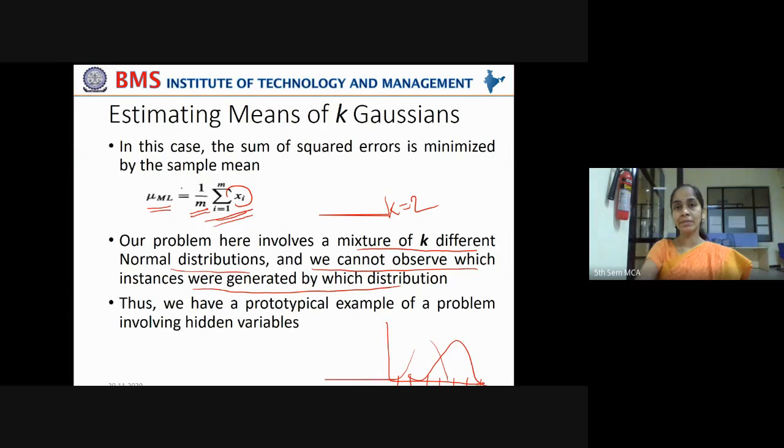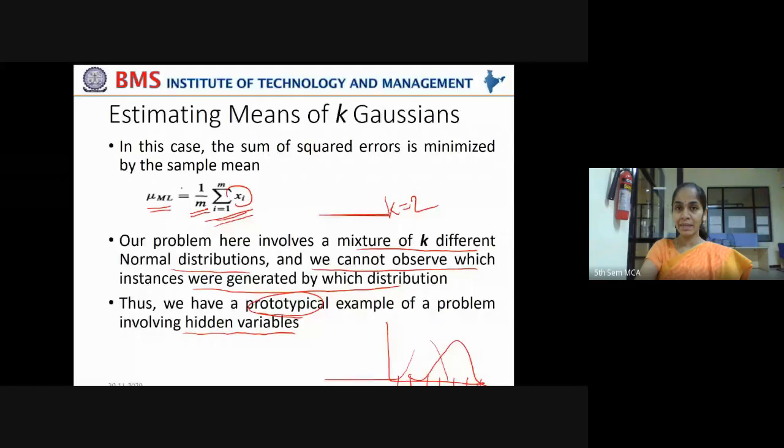data. Okay, thus what we have modeled now is a prototypical example, or a model example, of a problem involving hidden variables. Got it now? We are slowly arriving at the problem of hidden variables.